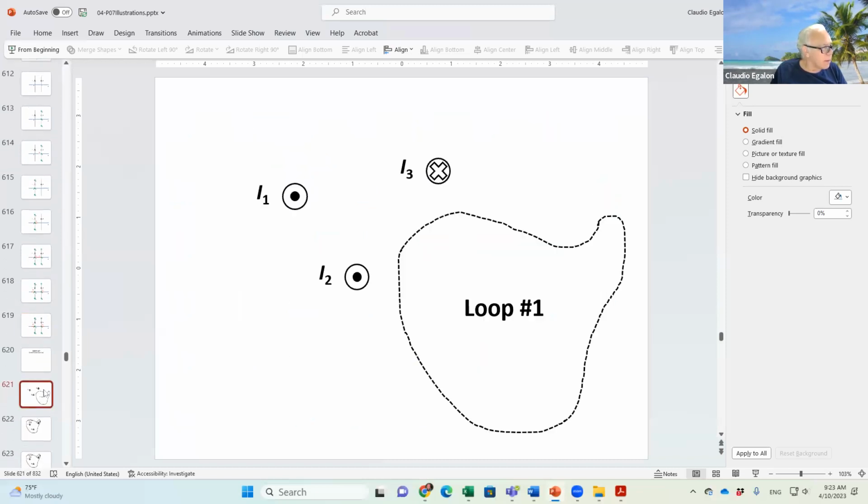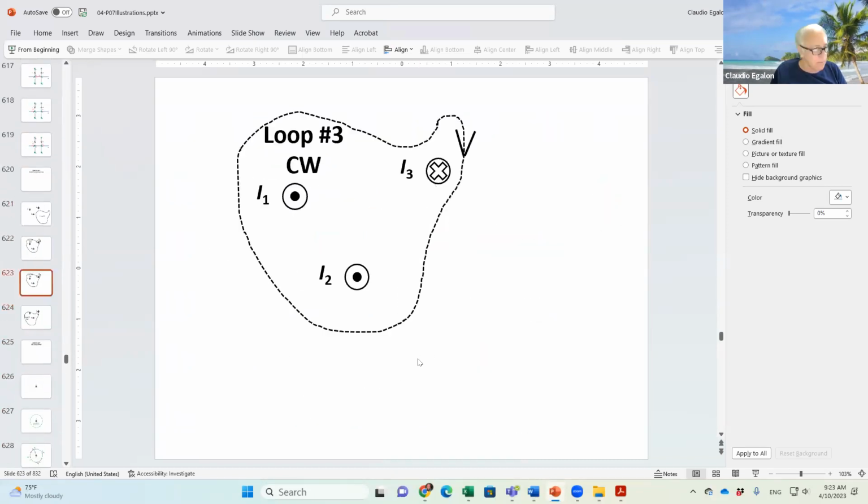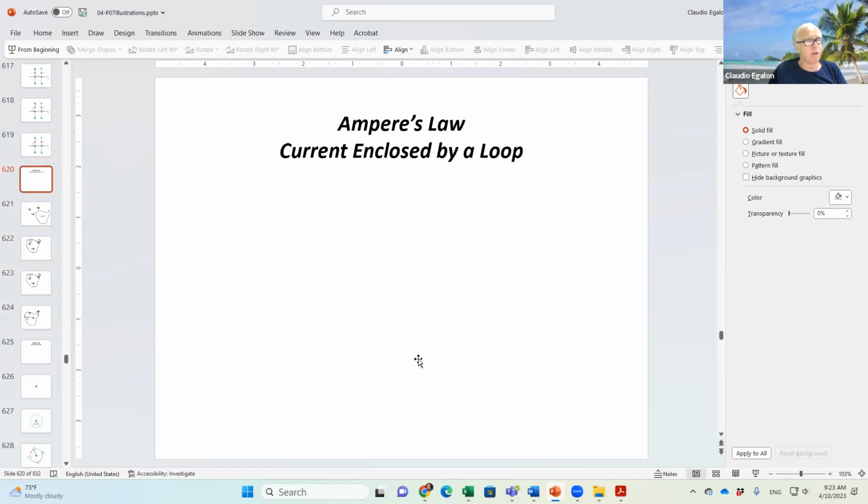Ampere's law: current enclosed by a loop.